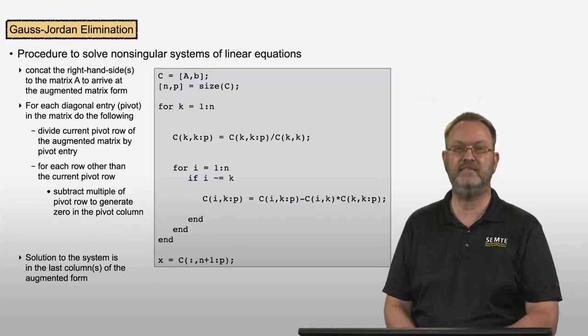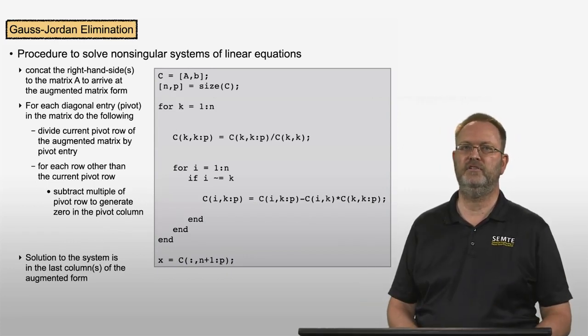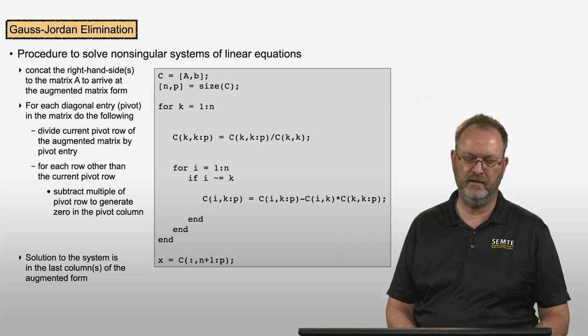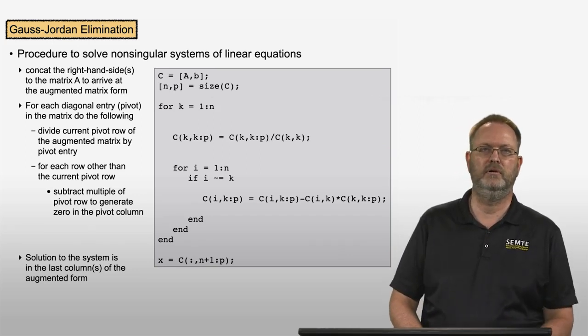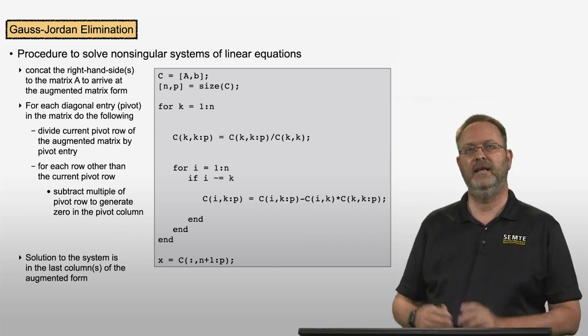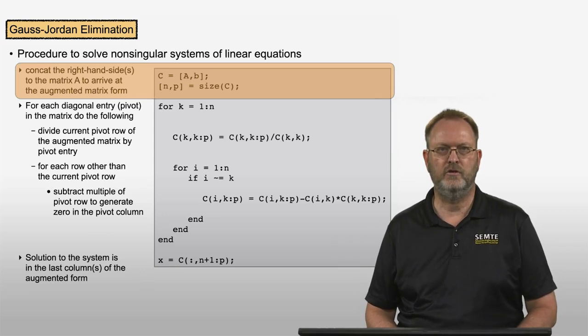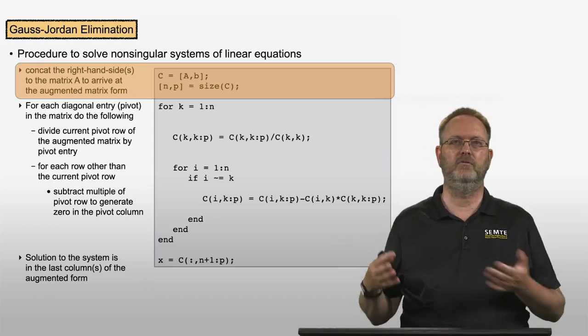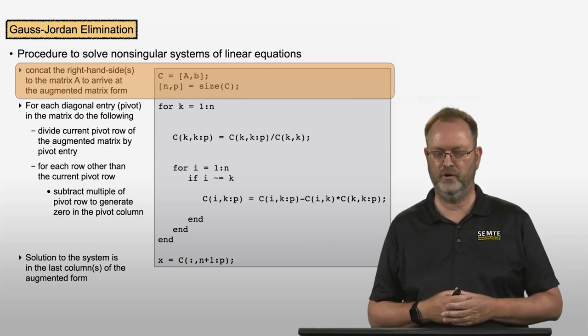All right, so that's the entire procedure then to solve a system of linear equations. And here I've put the wording of the algorithm that we used by hand next to the code segment that we just developed. So we start out by concatenating the right-hand side to the matrix A to arrive at the augmented form.